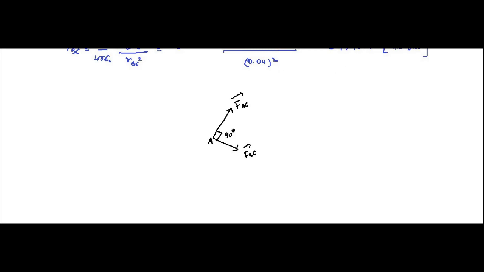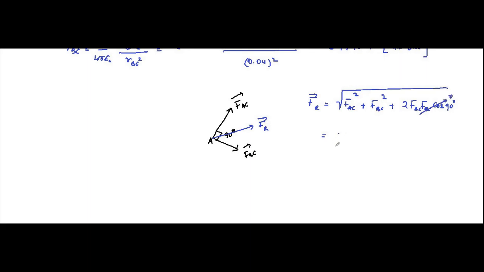So the net force acting on C will be the resultant of these two forces, F resultant. So that will be, using basic law of vectors, the resultant vector will be equal to the square root of FAC whole square plus FBC whole square plus 2 FAC FBC cos 90 degree. This will be 0 because cos 90 degree is 0.